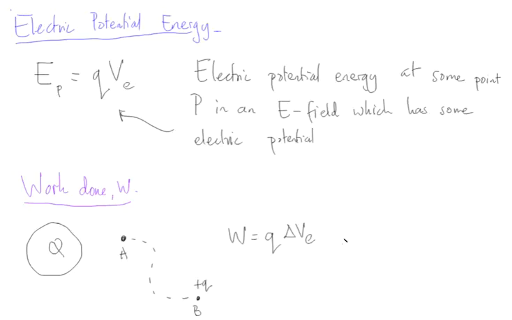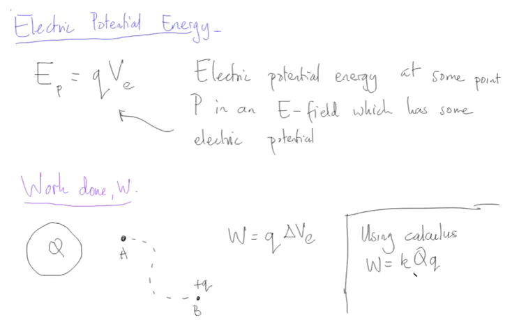Because using calculus, by integrating the force from infinity to r, we find that the work done in bringing a positive test charge from infinity to r is equal to K times big Q little q over r, not r squared.